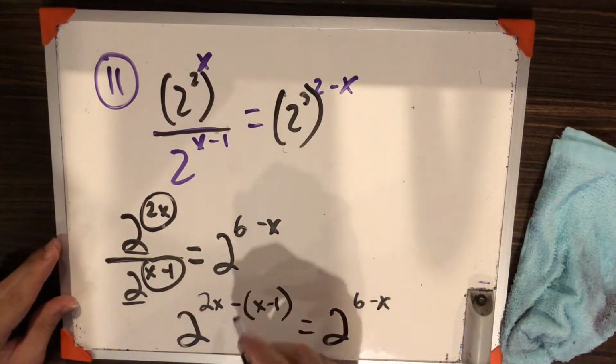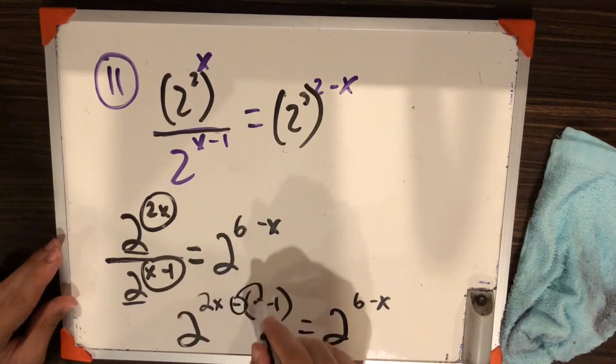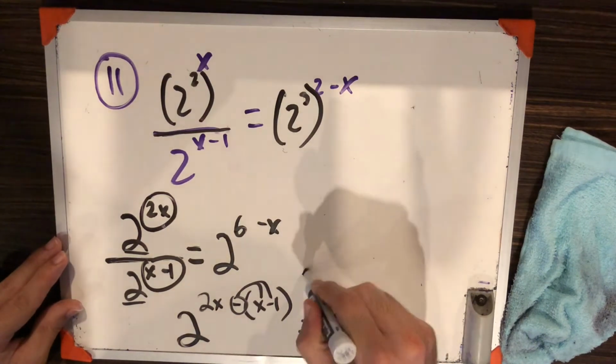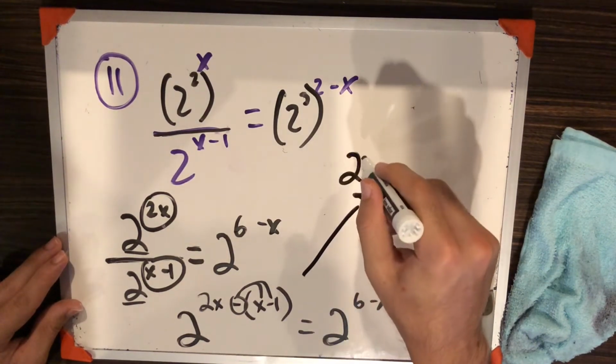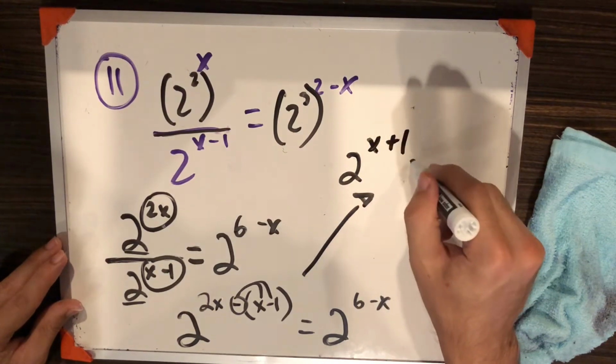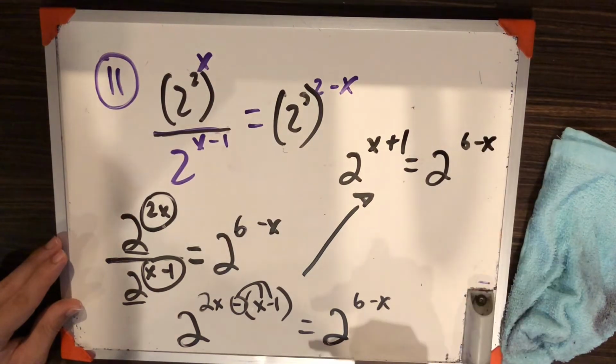There's a negative. You're subtracting this whole binomial expression, so negative and negative. 2x minus x is x. Minus minus will turn out to be x plus 1. So 2 to the x plus 1 is equal to 2 to the 6 minus x power.